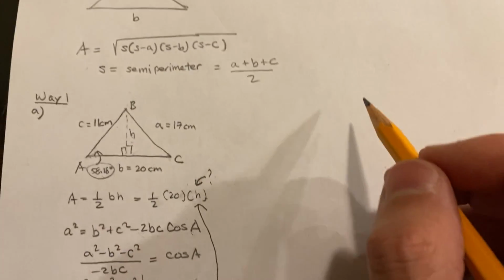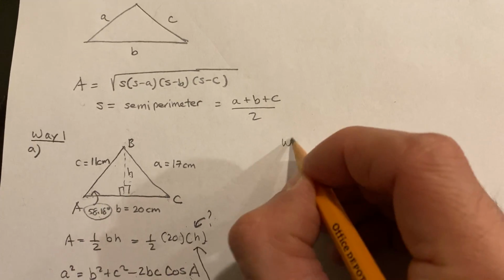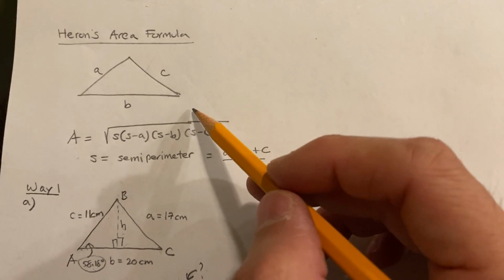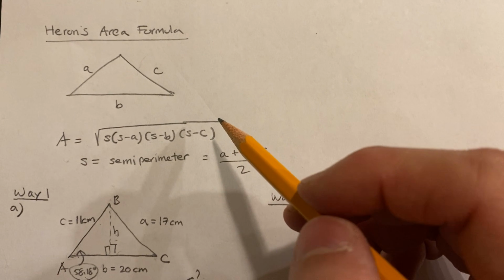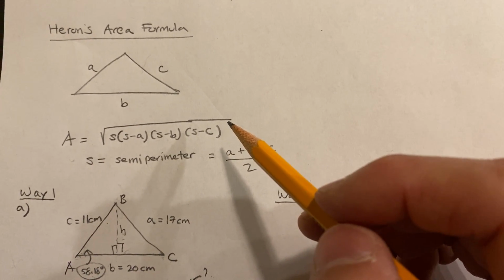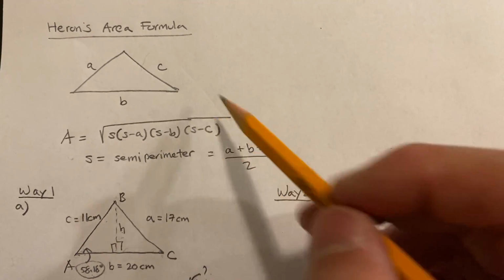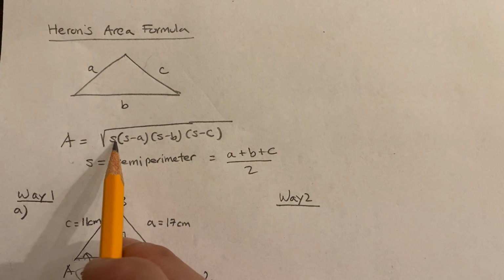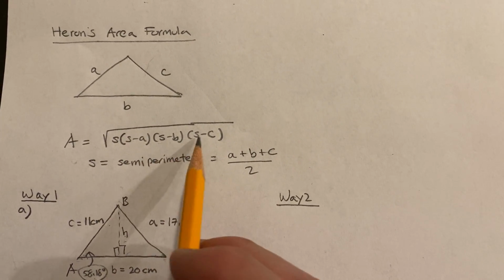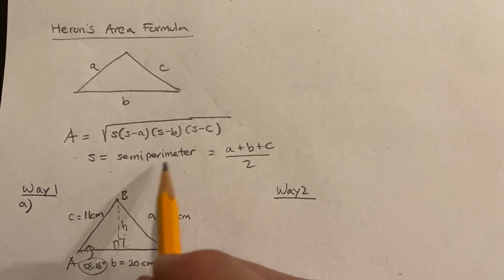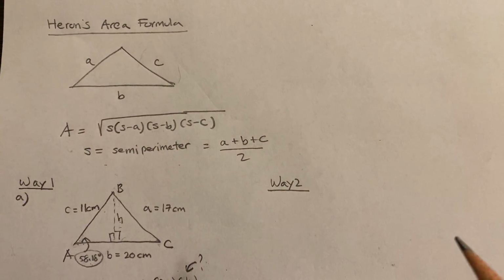So way 2 is using Heron's formula, and that's a new concept, but it's really, really straightforward. Again, the derivation of this formula takes a long time, so there's no need for me to derive it. Definitely, if I'm not deriving the other formulas, there's no need to derive this one. Basically, you take the square root of s times s minus a, s minus b times s minus c, and s is your semi-perimeter. Semi just means half, right? So you take the perimeter and divide by 2.